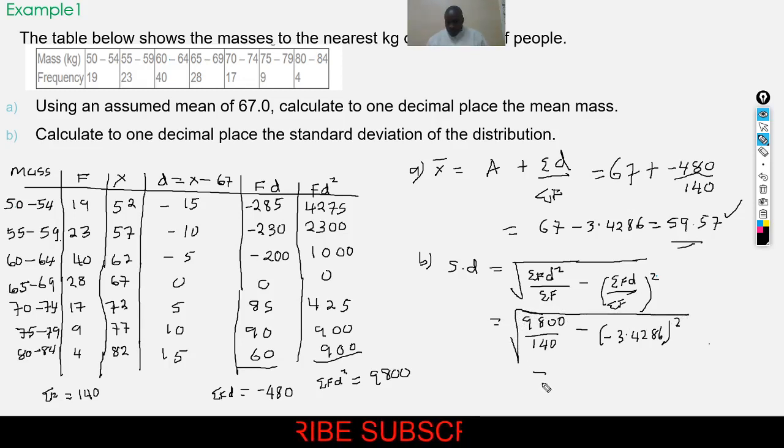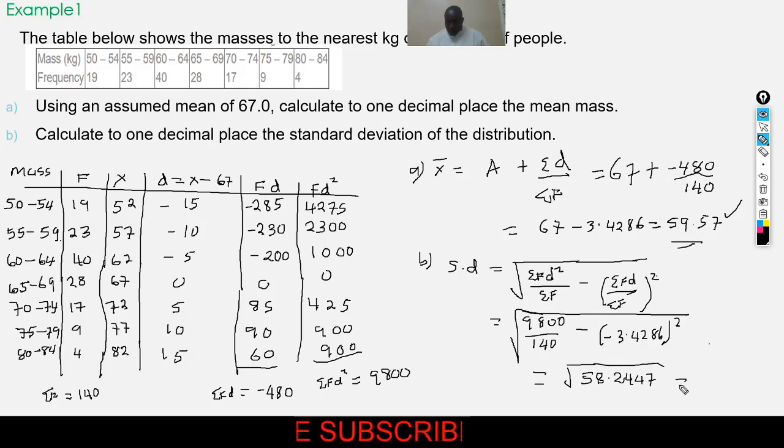So this gives the square root of 58. If you do this one, it gives you 70. You subtract, you square this, it is 11.753, you subtract, it gives you 58.2447.